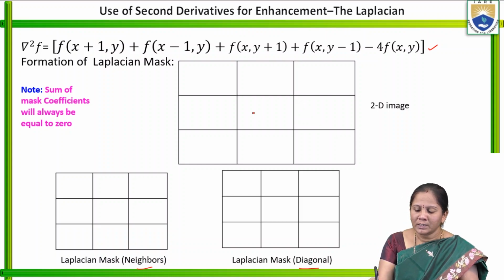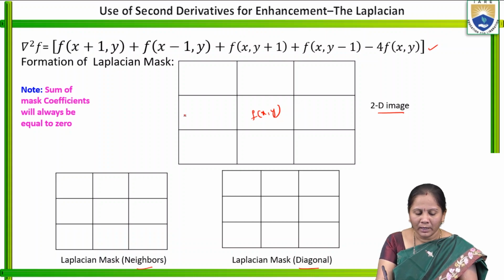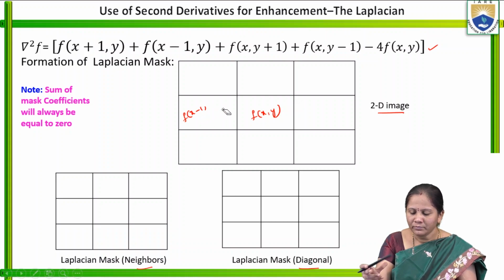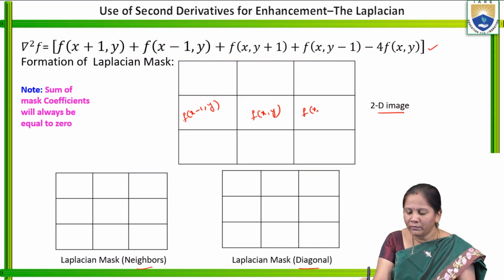Now, considering this is a 2D image, how can all the coefficients of an image be represented? The center coefficient will be f(x,y), and this is f(x-1,y), and this is f(x+1,y), and here f(x,y-1), and this is f(x,y+1).